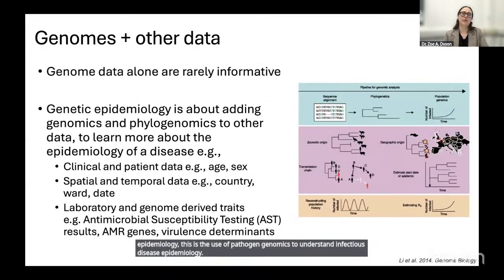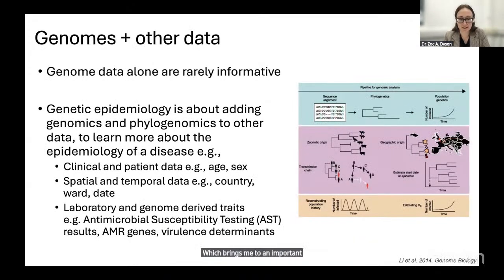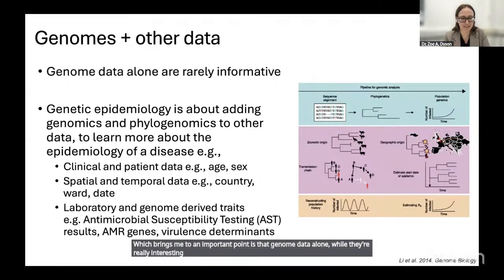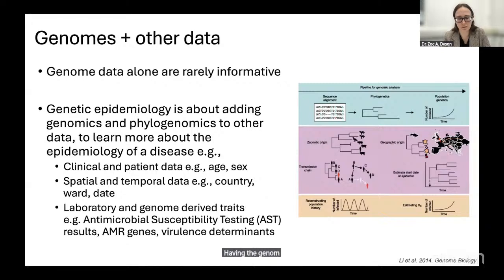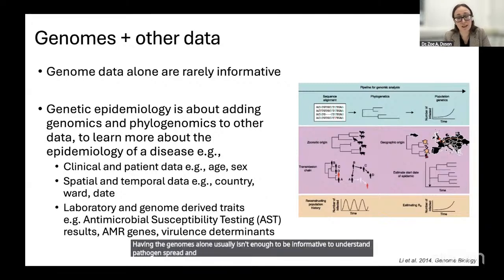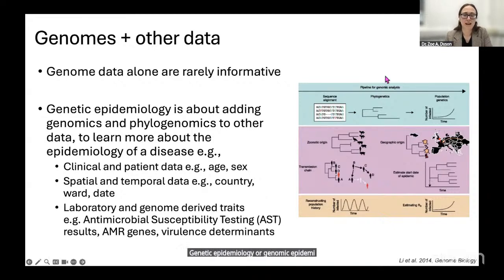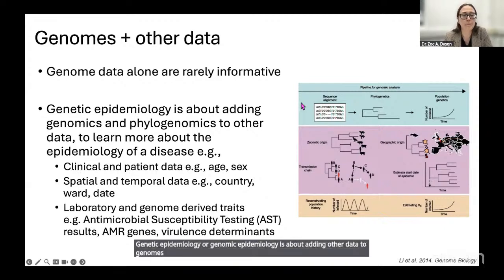Which brings me to an important point: genome data alone, while really interesting and exciting, and I certainly love looking through a new data set when I'm able to, usually isn't enough to be informative to understand pathogen spread and transmission dynamics. Genetic epidemiology or genomic epidemiology is about adding other data to genomes, and usually phylogenomics as well, to learn more about the epidemiology of a disease.